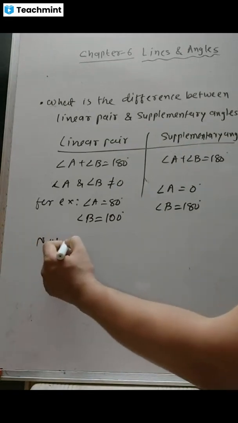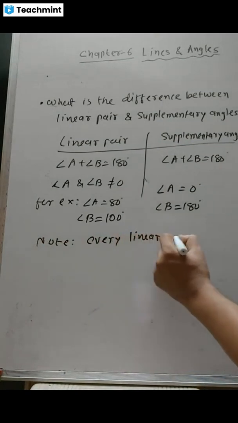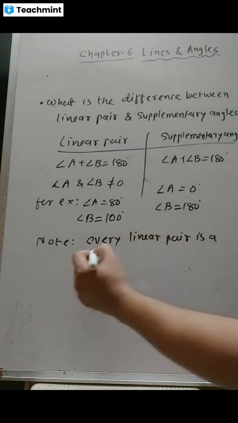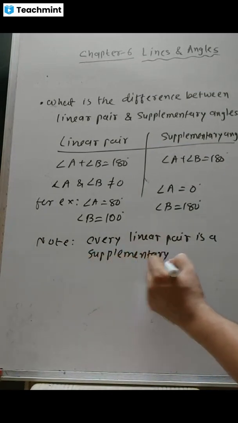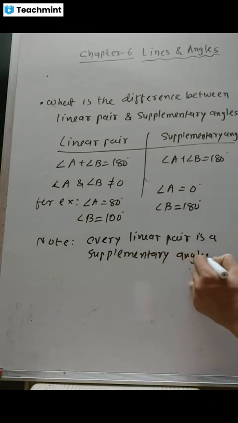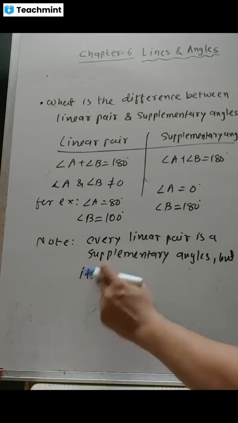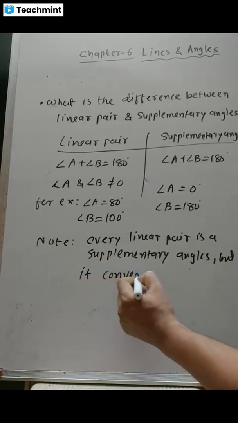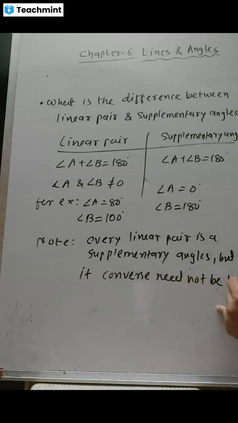In supplementary angles one angle can be 0 and the other 180, but in a linear pair neither angle can be 0. So every linear pair is a supplementary angle, but its converse need not be true. For example, if A is 0, then B is 180; that is not a linear pair.